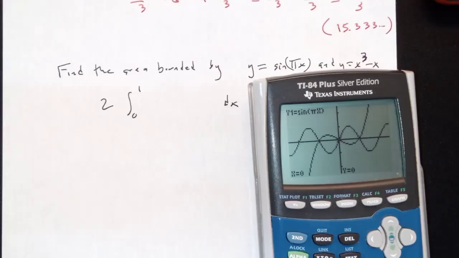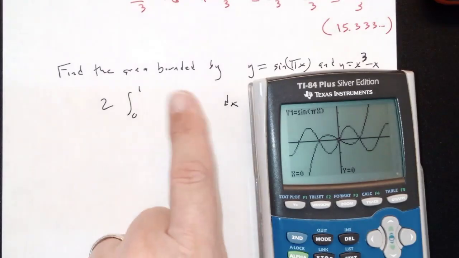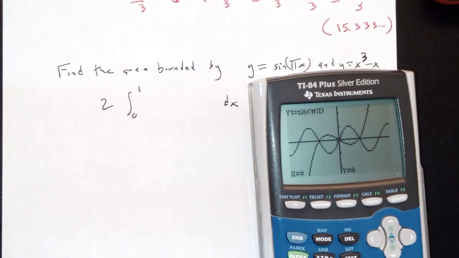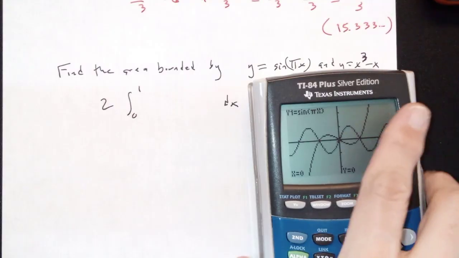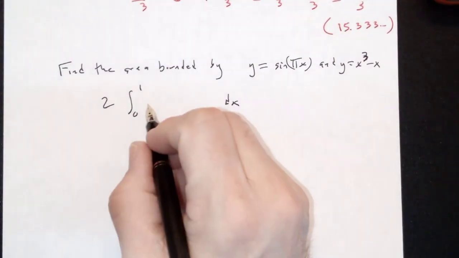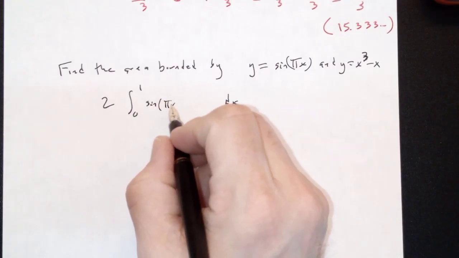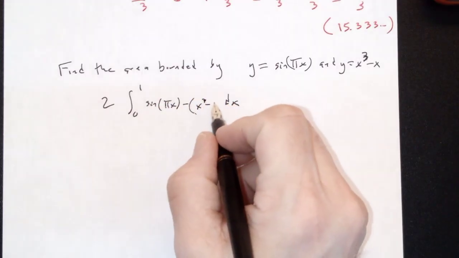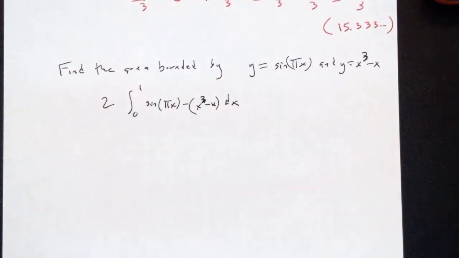What's the integrand? It's the thing that goes here. And make sure you put those parentheses in there because I've got this compound thing being subtracted. I want to make sure I don't make a sign error. It's not just sine of x.